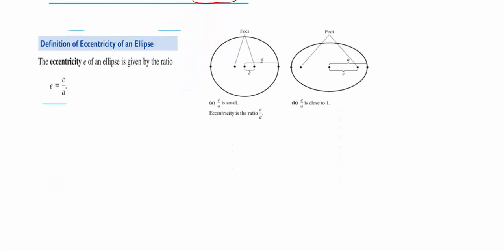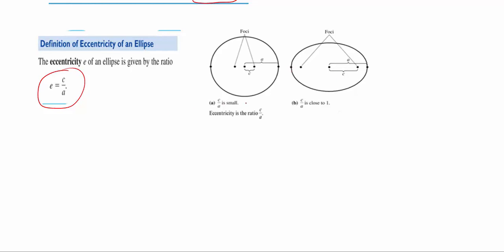All right, one last thing to talk about with the ellipse is the eccentricity, and the formula for eccentricity is c over a, and basically this gives us an idea of how stretched out the ellipse is. Is it more like a circle, or is it more elongated, flattened out like an egg shape?